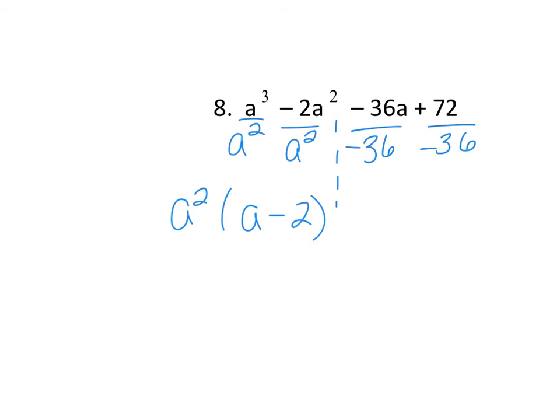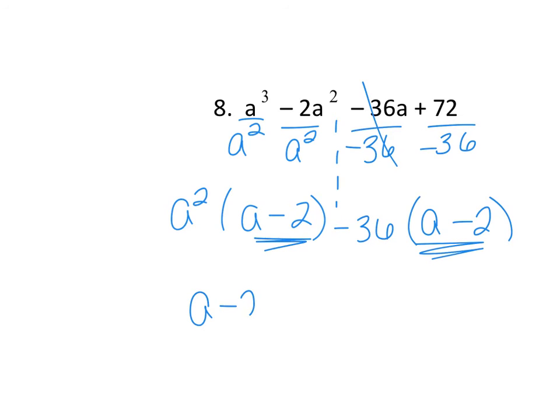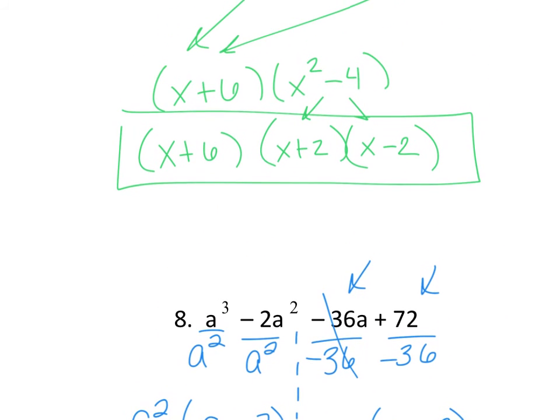So you'll get negative 36 out. This will cancel, it'll give you just A. 72 divided by negative 36 is negative 2. And there you go. Binomial GCF. So A minus 2 will pull out, and A squared minus 36. See, I was thinking 12 as a GCF here, but that's not the greatest common factor. 36 is the greatest.